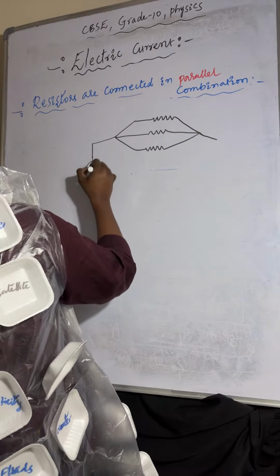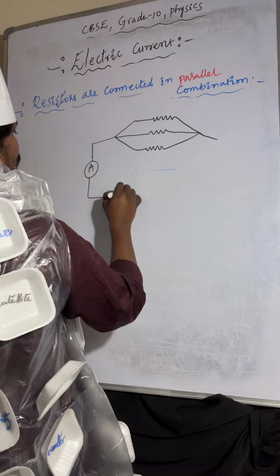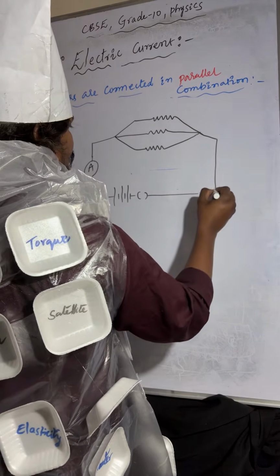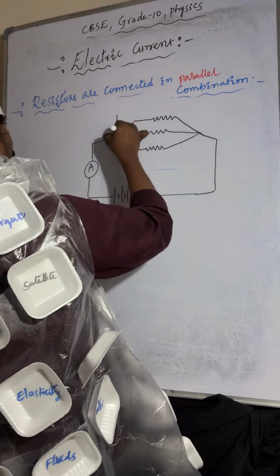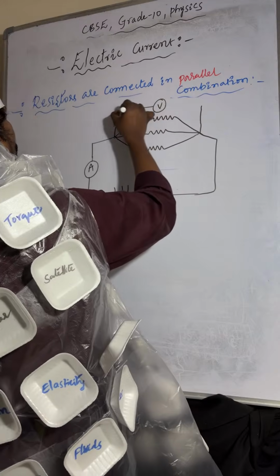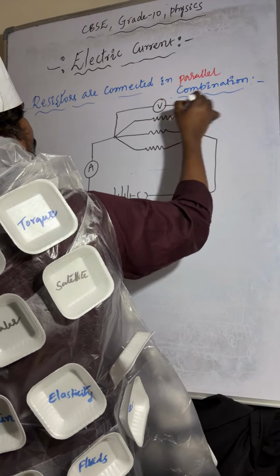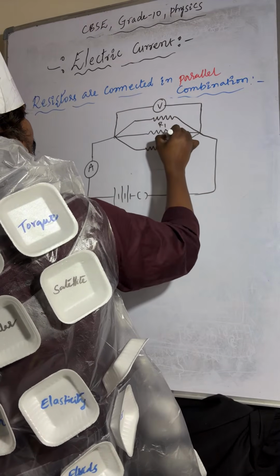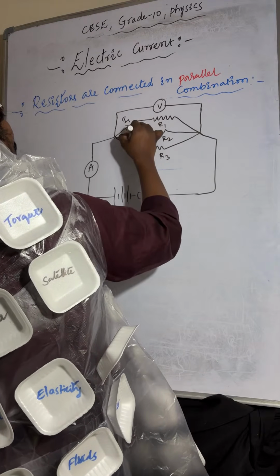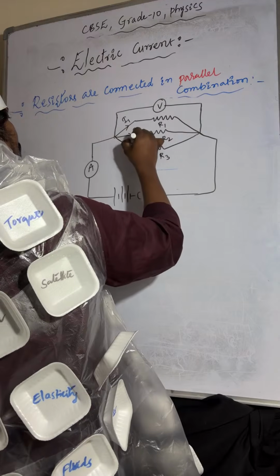Ammeter, battery, switch. Across this I am connecting the voltmeter. R1, R2, R3: across R1 I1, across R2 I2, across R3 I3.